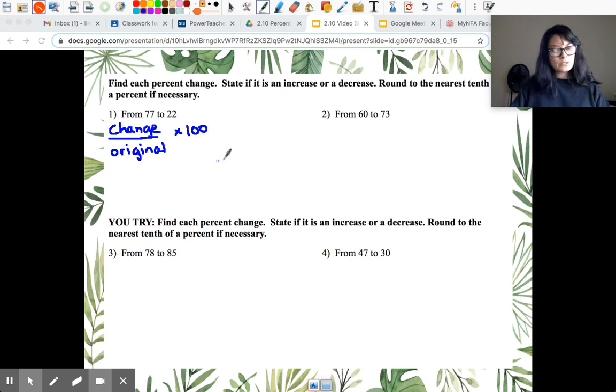And then we're also going to state if it's an increase or decrease. We can actually do this part right now without even finding the percent change by simply comparing the numbers. So it went from 77. So 77 is my original.